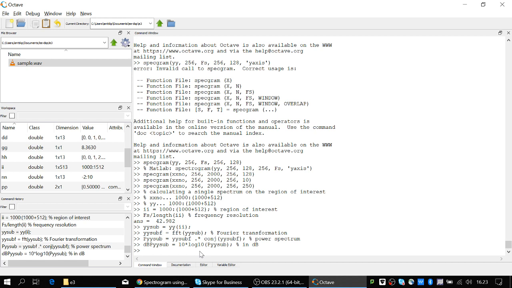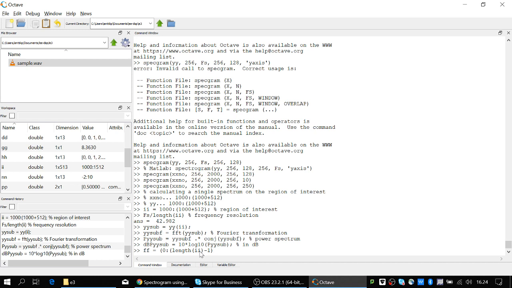Now we can actually start plotting, but actually let me next calculate also the frequency axis, the corresponding frequencies. 0 to length of II minus 1.